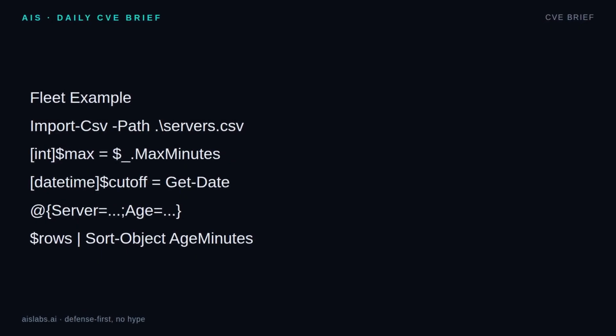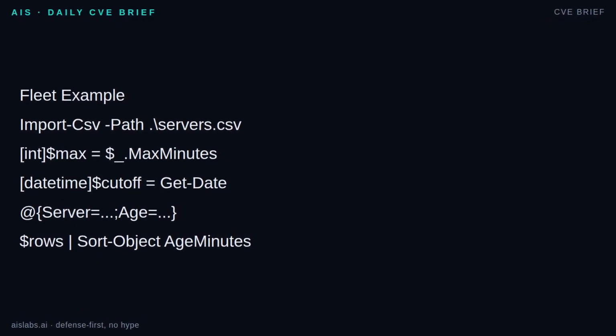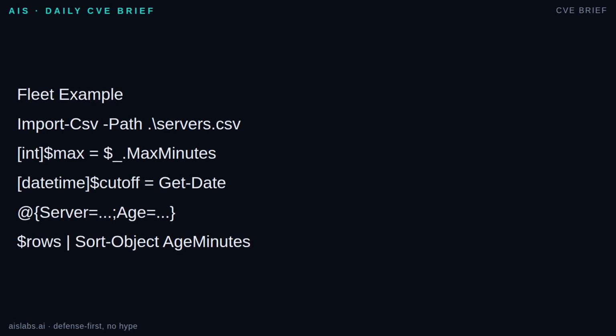Let's make it real. A help desk lead asks which servers have not rebooted in more than 30 days. You get a CSV with server name and max minutes because different server groups have different thresholds. Import-Csv -Path servers.csv gives you strings. In your loop, cast the threshold. [int]$max = $srv.MaxMinutes.